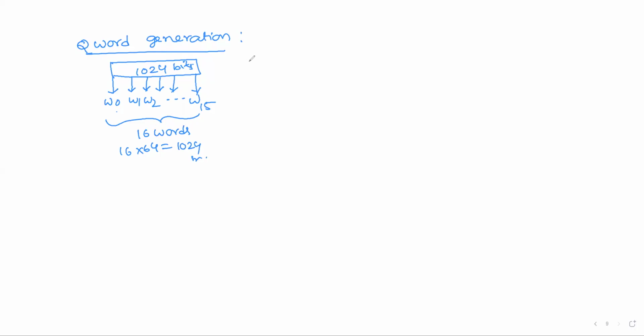To write W16, W17 up to W79, we have one formula to generate W16, W17, all these words from these 16 words that are generated from the plain text. That formula I am giving here, that is nothing but WT. T value may be 16, 17, like that. That is obtained from the previously generated keywords.